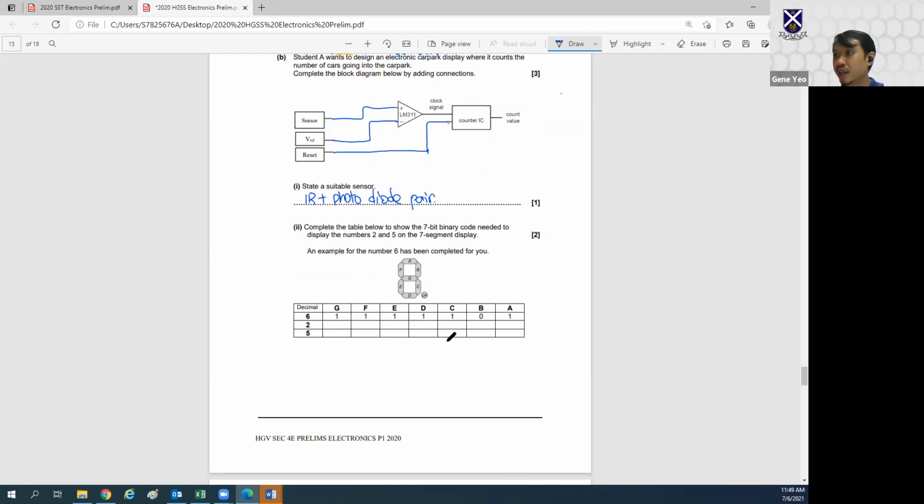Complete the table to show the 7-bit binary code needed to display 257. Okay, so 257. 6 has already been done. Wait, where's 7? Oh, sorry, 2 and 5 on a 7 segment. So 2, you have to know that 2 is here.